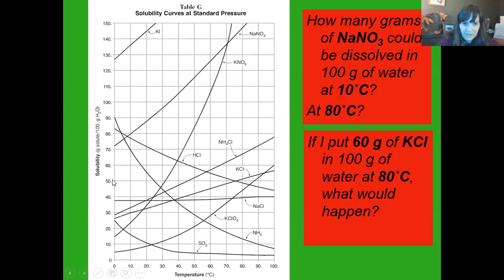Well, it looks like we can only dissolve at that temperature about 52 grams, but we put in 60 grams of potassium chloride. So that means 52 grams could dissolve, and then about 8 grams, or the rest, would all sink to the bottom of the cup or the beaker, and they'd just kind of be sitting there on the bottom and will have not dissolved.